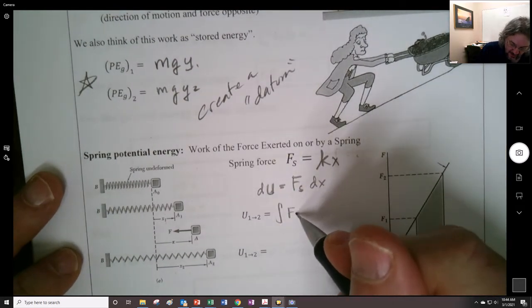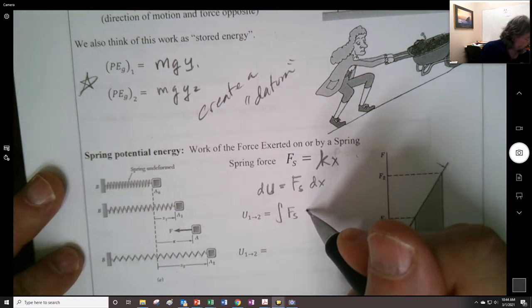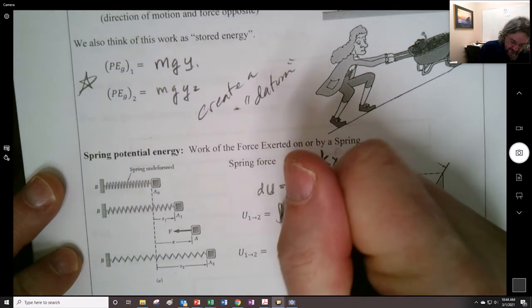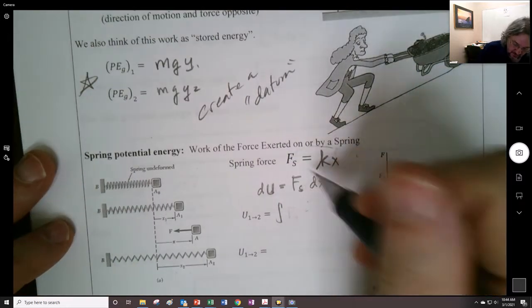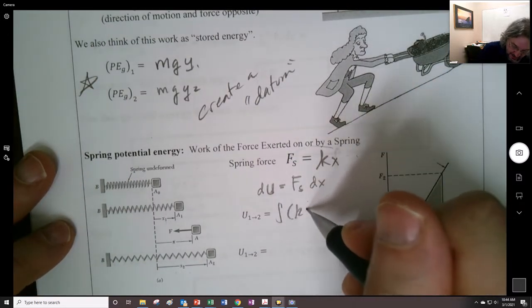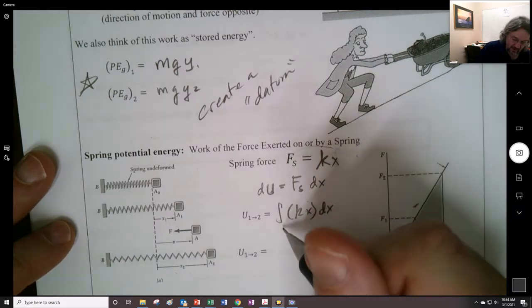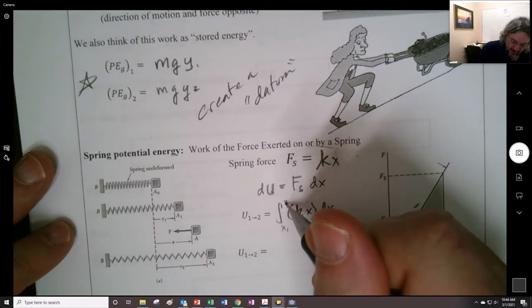We find that Fs right here, and let me replace that Fs with what's up above, so that kx dx right here. And we're going to go from x1 to x2.